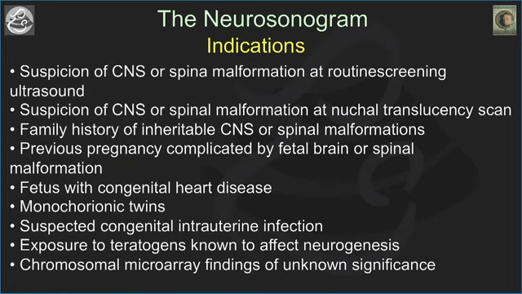If there is a family history of these, if there is a previous pregnancy with a complication, if the fetus has other abnormalities, particularly congenital heart disease, in monochorionic twins, and this is all of them, in suspected congenital intrauterine infections, exposure to teratogens which affect neurogenesis, such as anti-epileptic medication, such as antidepressant medication, and of course, in case you have a microarray on an amniocentesis, which has shown a variant of unknown significance.